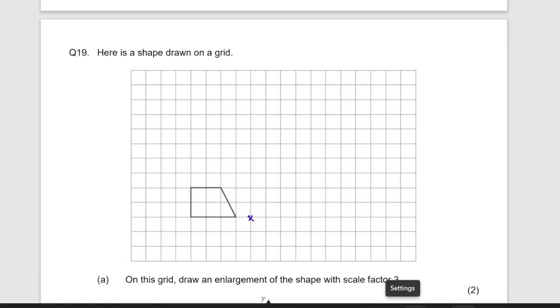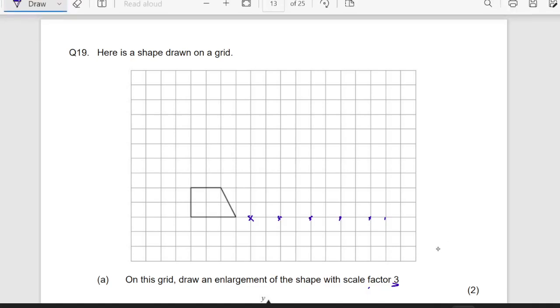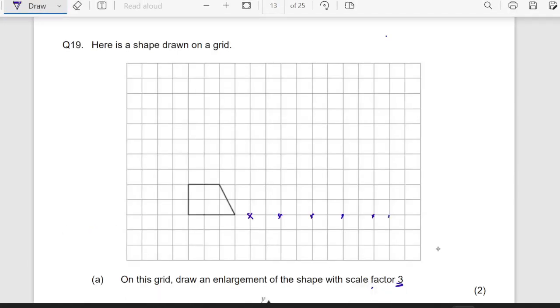So instead of being 3 across, if I'm using a scale factor of 3, it's going to be 9 across. So 2, 4, 6, 8, 9. So 9 squares across. And instead of being 2 squares up, it's going to be 6 squares up.